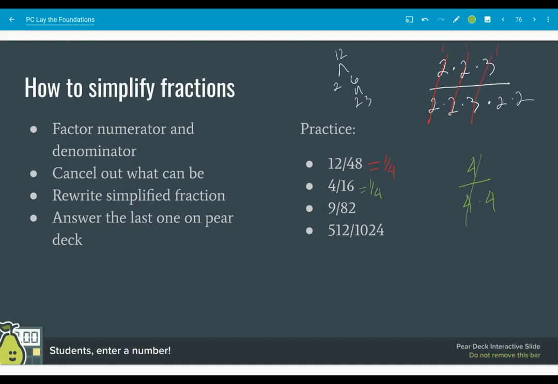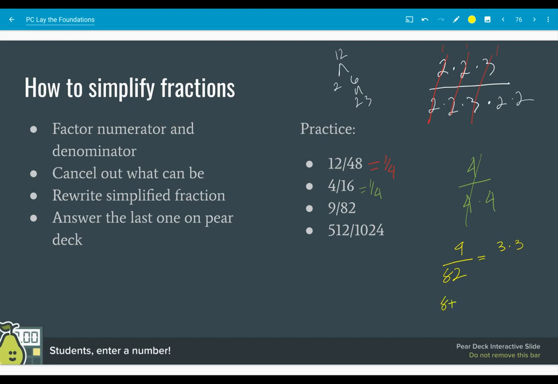Okay, so 9 over 82. Let's take a look at that one. I said to prime factor, so we know this is 3 times 3. Our only factor of 9 is 3. Well, didn't we learn a trick to see if something is divisible by 3? We sure did. If the digits add up to a number that is divisible by 3, then the number is divisible by 3.